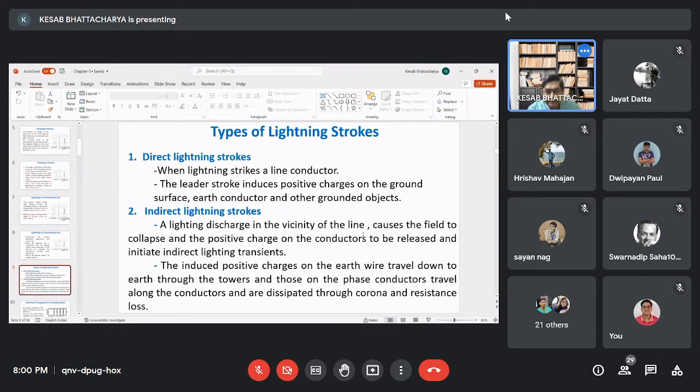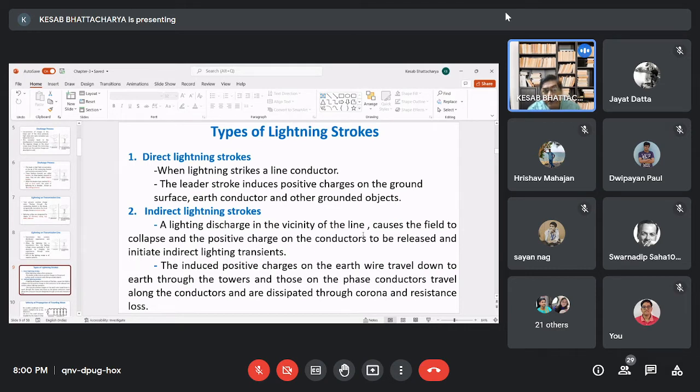Therefore, suddenly, after the discharge in the vicinity of the line, the insulators and other equipment connected to the lines and earth are subjected to overvoltage.